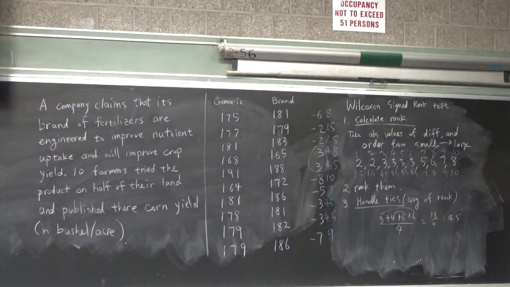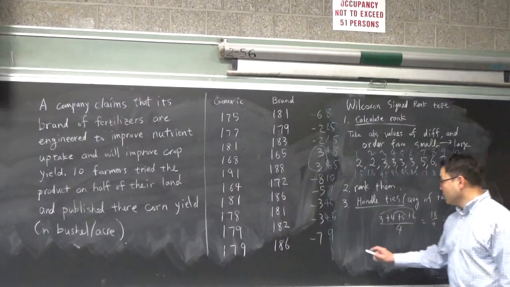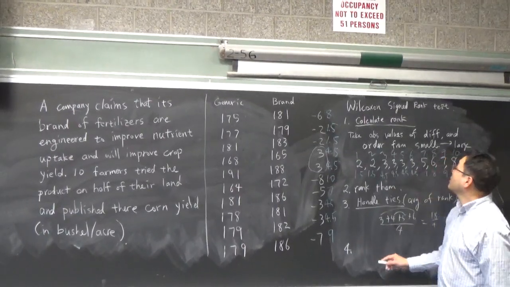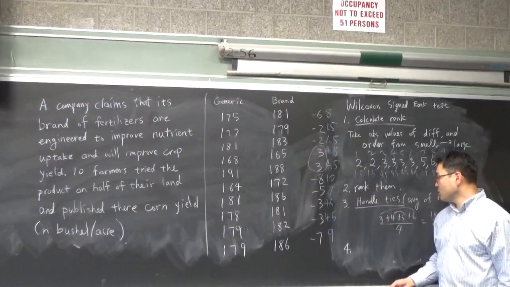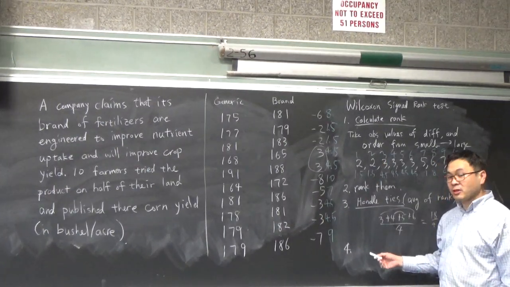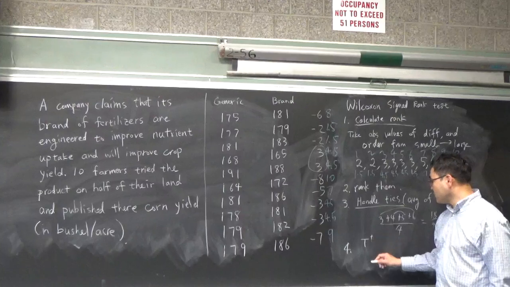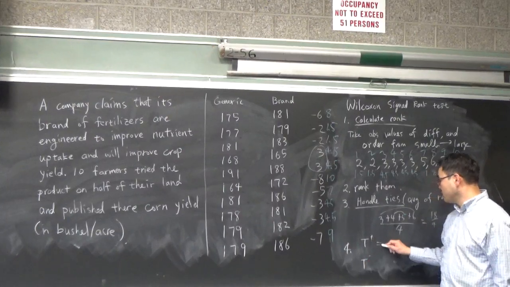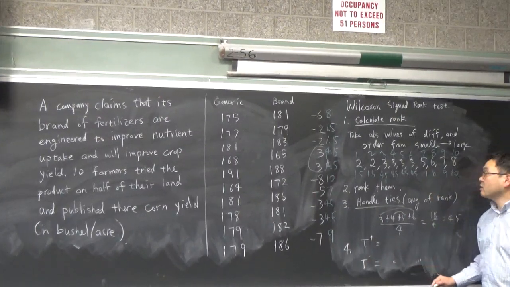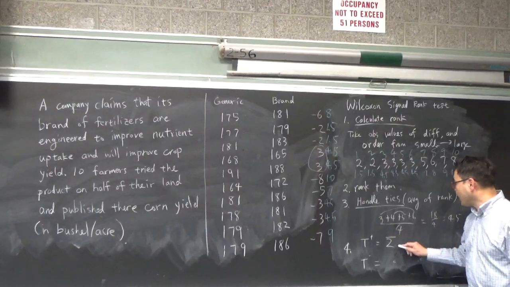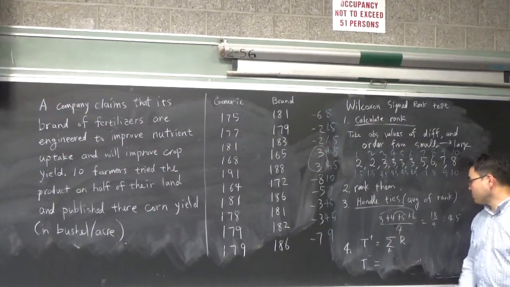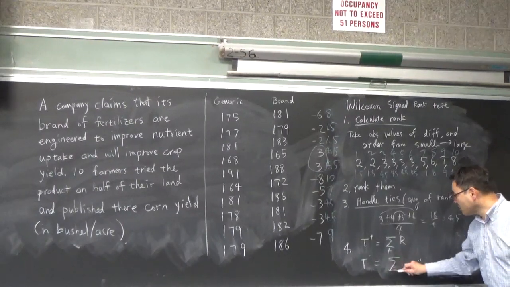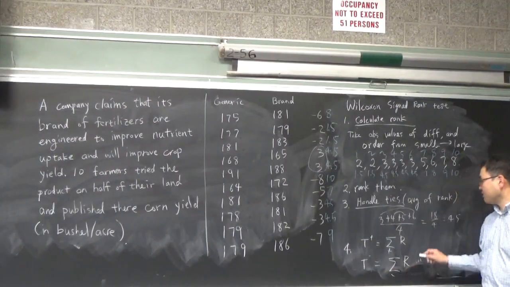After calculating the rank numbers, you're going to define two things, T plus and T minus. These are the sum of the ranks for positive numbers and the sum of the ranks for negative values.